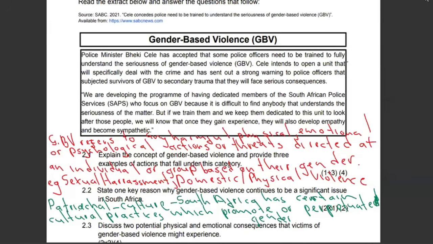You find that there are several women, perhaps, and children who depend on abusers for economic survival. So economic dependence on abusive partners can actually trap victims in violent situations. So the high levels of inequality and poverty are a major contributing factor to gender-based violence.